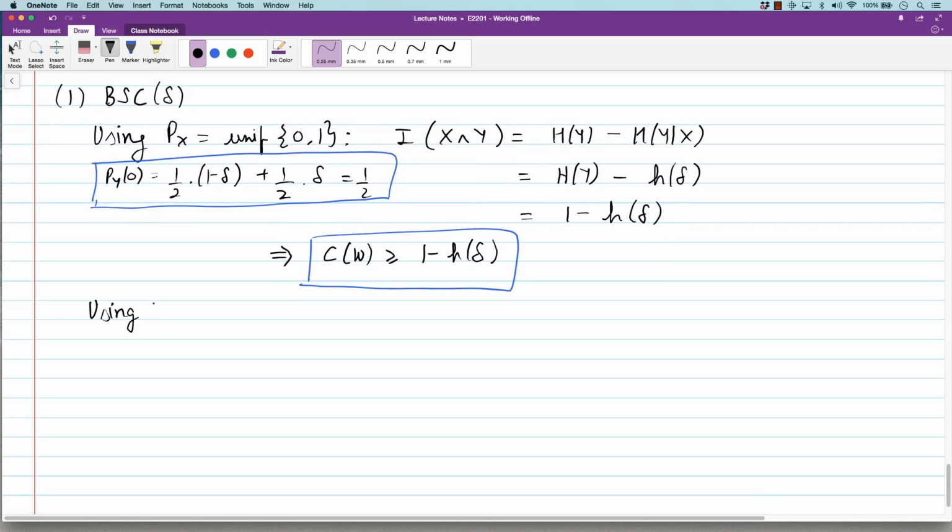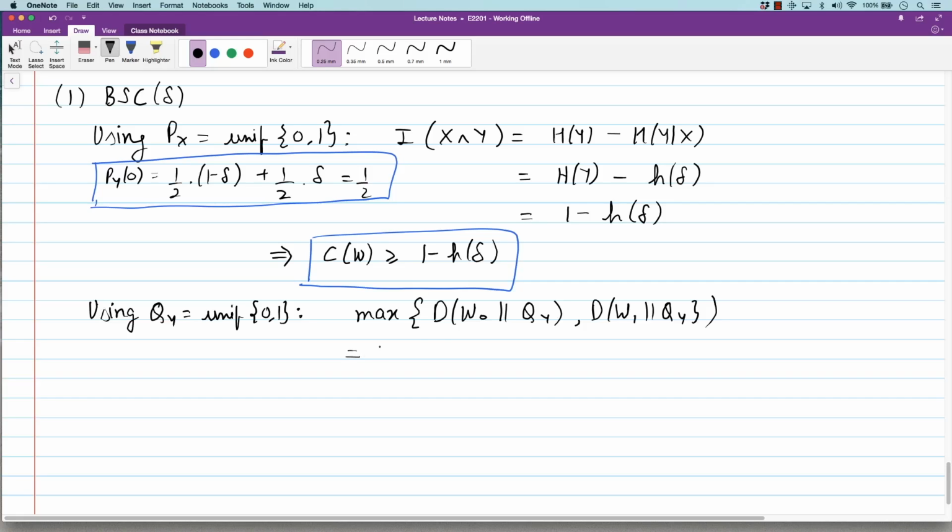So again, we'll use just a uniform distribution. That's what we use. And we look at this max of the two divergences: the divergence between W_0 and uniform, and the divergence between W_1 and uniform.